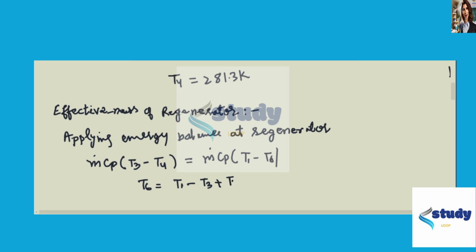On substituting the value, we will get the temperature of the fluid at sixth state, and it is to be T1 having the value 273.2 minus 308.2 plus 281.3, that is 246.3 Kelvin.